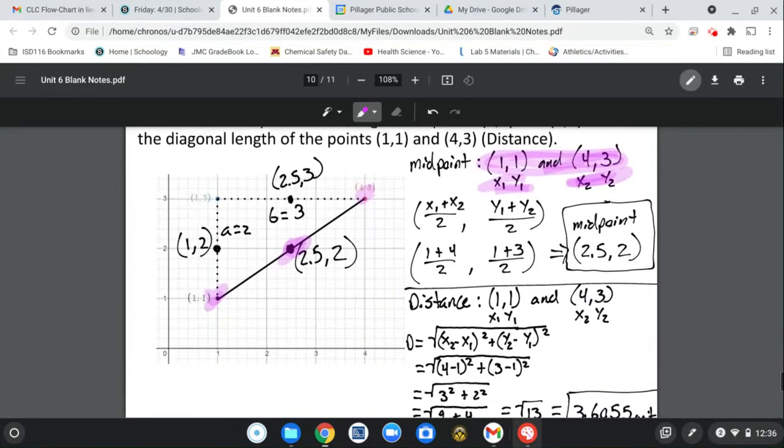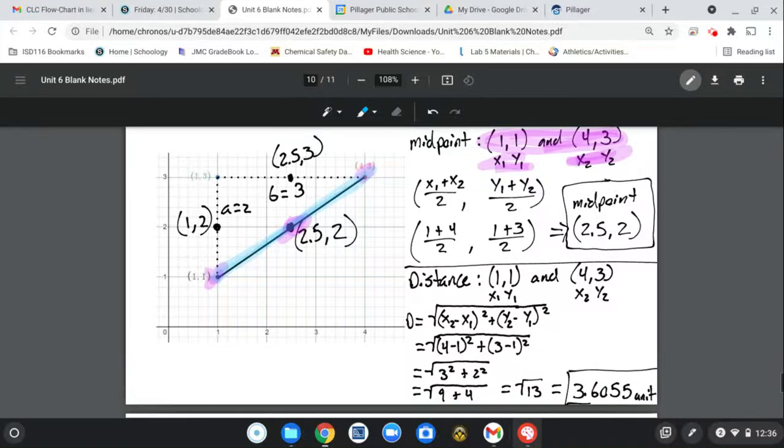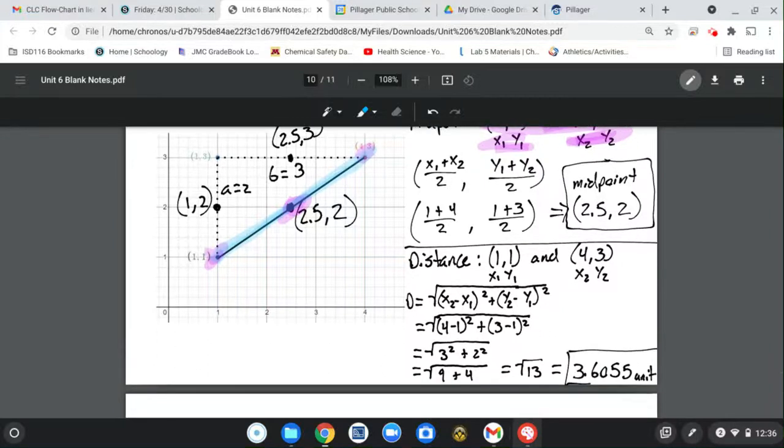Now the distance, again, we're looking for the distance of this line, this diagonal line right through here. So I use my points again, plug those points into the distance formula, and just as a little side note, when we're doing distance, make sure you're subtracting here. And it doesn't really matter if you have x1 minus x2 or x2 minus x1, or with the y's, the same thing, because when we square those, you end up getting the same number.